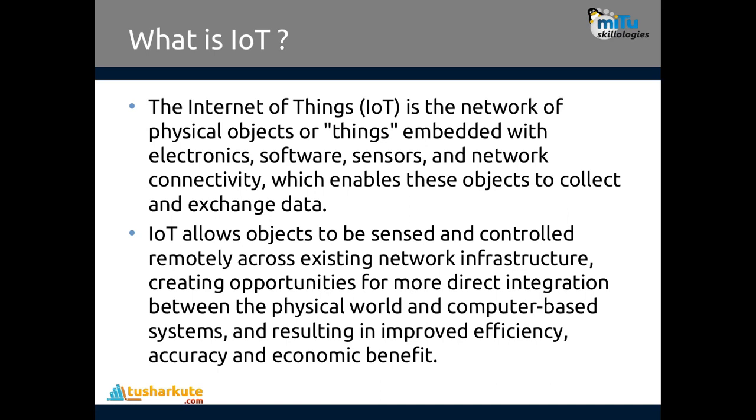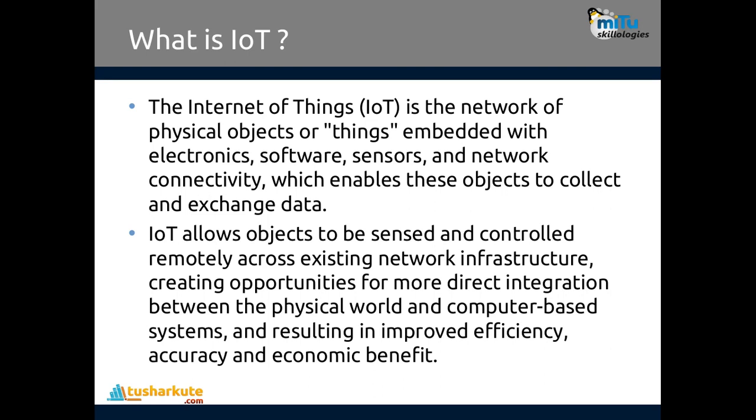First of all, what do you mean by IoT? Internet of Things is a network of physical objects or things embedded with electronics, software, sensors, and network connectivity which enables these objects to collect and exchange data. These are the things we connect with the help of the internet.